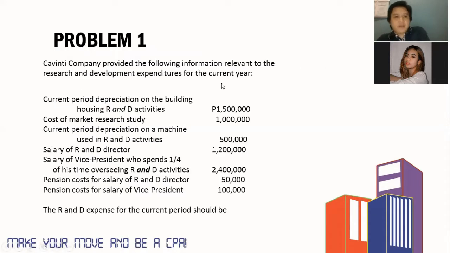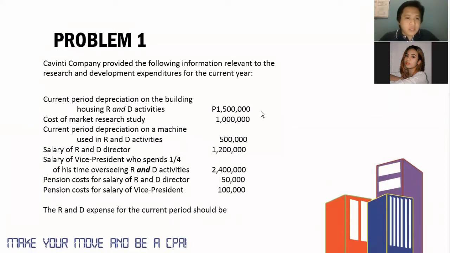Okay. Now, particularly, our first problem, okay? What we are being asked is to compute for the research and development expense for the current period. Okay? We were given the following data: 1.5 million for the housing and building for R&D activities.